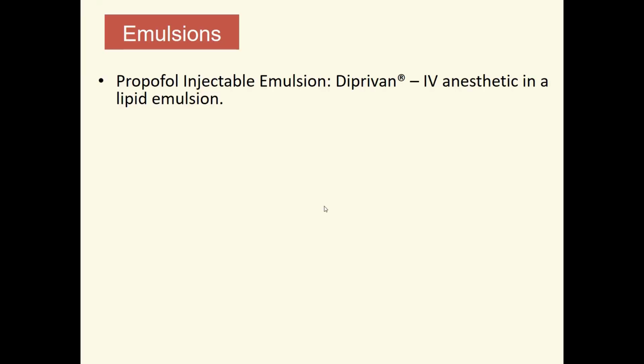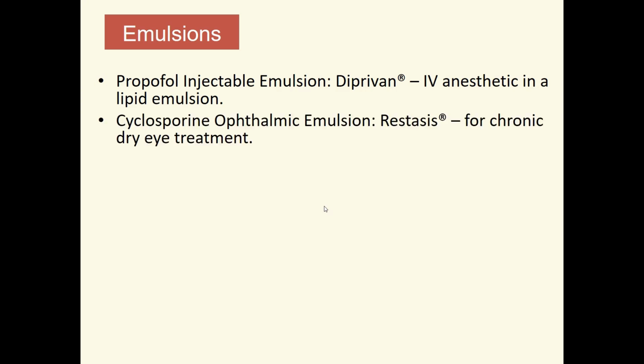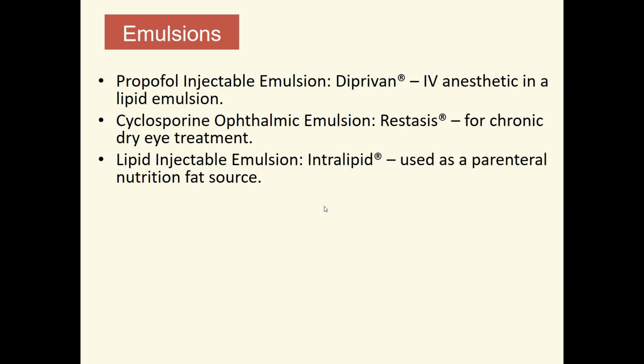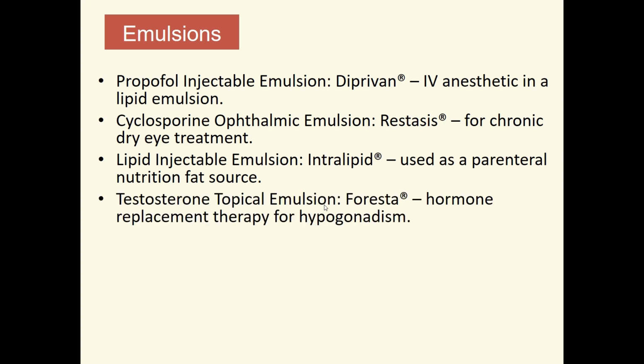Examples of drugs that are emulsions are propofol, which is used as an IV anesthetic and comes in the lipid emulsion form; cyclosporine ophthalmic for chronic dry eye treatment; lipid injectable emulsions used as parenteral nutrition, TPNs; and testosterone topical emulsions for hormone replacement therapy for hypogonadism.